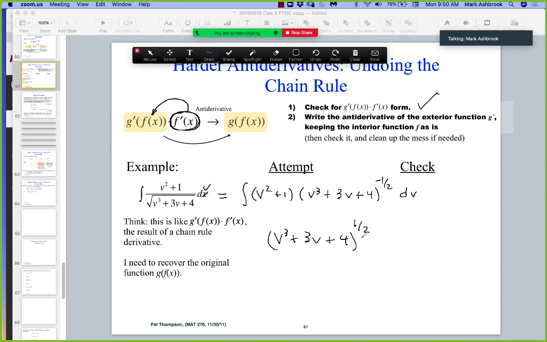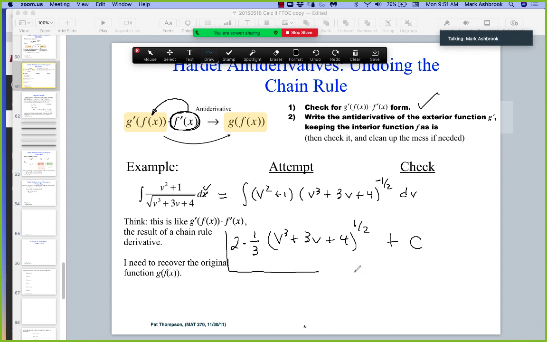First of all, we've got this 1/2, so that means we're going to need what? 2, right? Because we don't have a 2 here, 1/2 times 2 makes that 1/2 go away. And then also, when we take the derivative, we're going to get 3v squared plus 3. So we're going to have an extra 3 that we don't have here. So what do we need? 1/3.